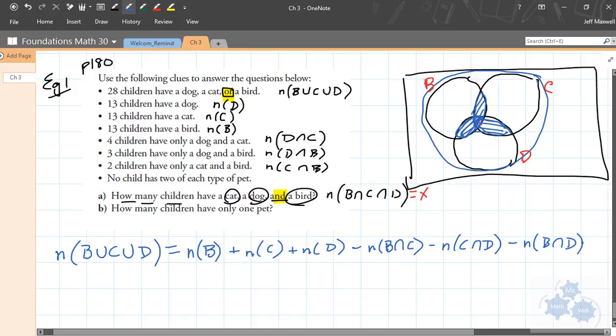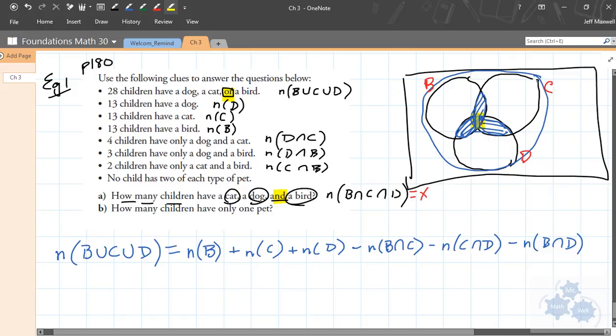Now my question is, are we done or not? Does that make us count everything just once? If you noticed here, we actually took away this section here, so I'll highlight that. This middle section, we took that away too many times, didn't we?